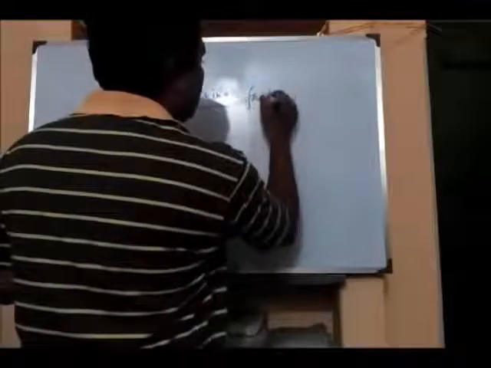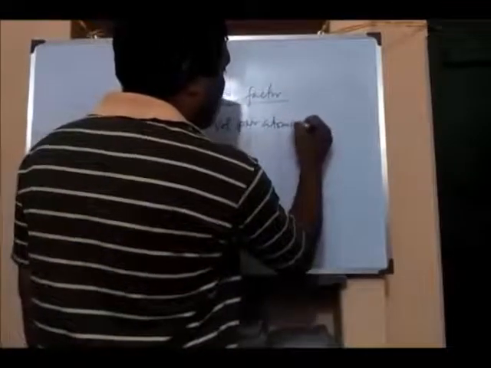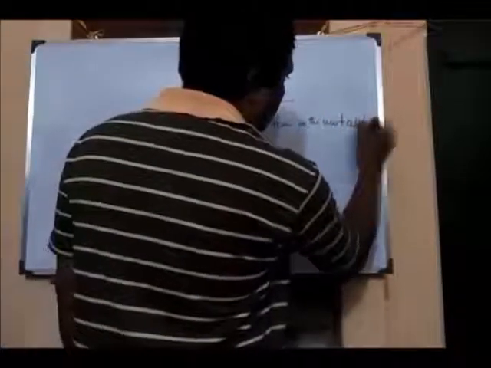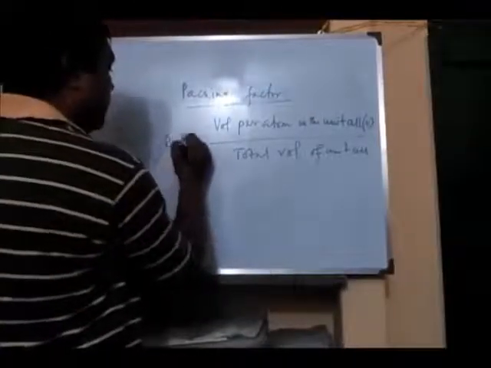Packing factor, right? So what is the packing factor? Packing factor is the ratio of the volume of atoms per unit cell, that is the volume per atom in the unit cell, small v, divided by the total volume of the unit cell. This is just the packing factor.